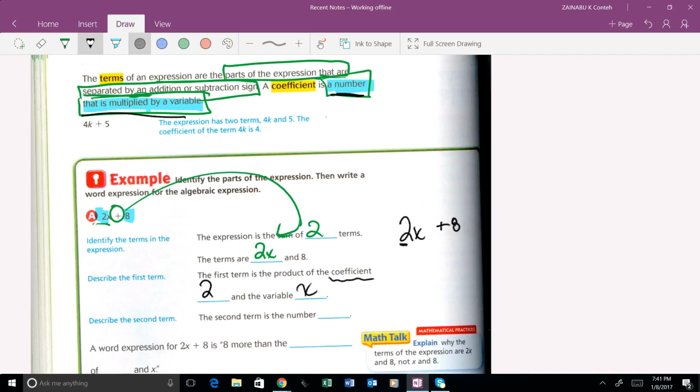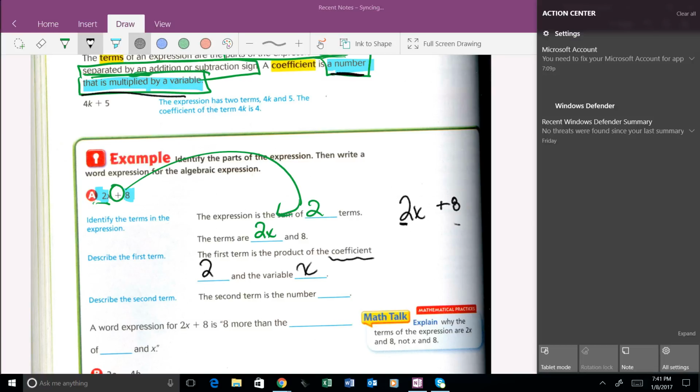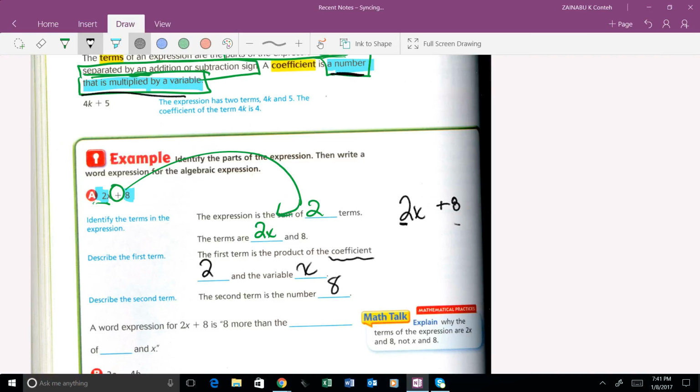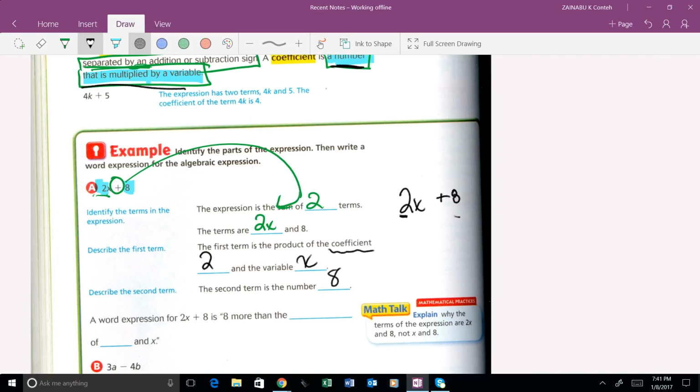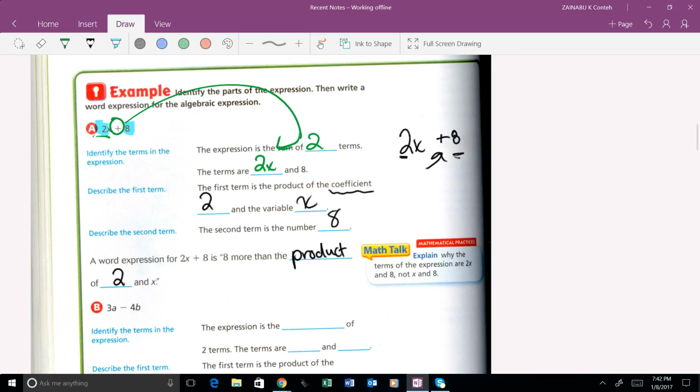That's the coefficient. The second term here is the number 8.